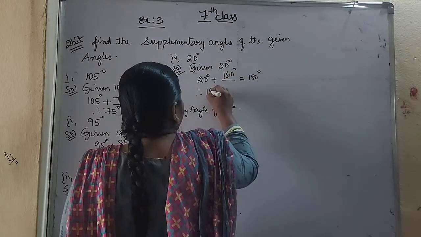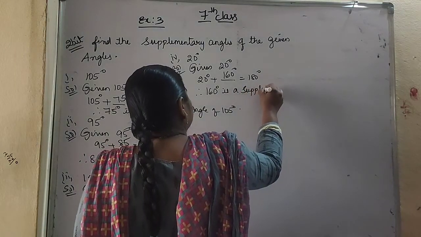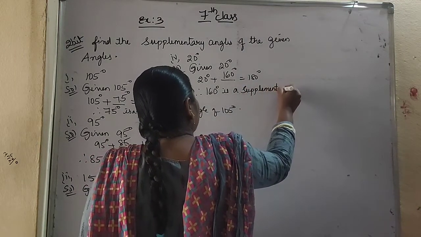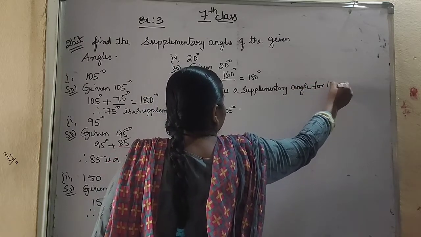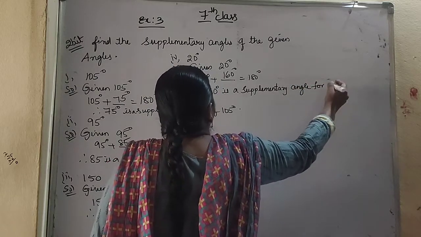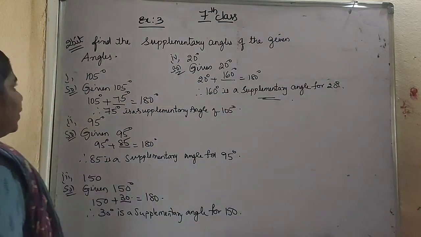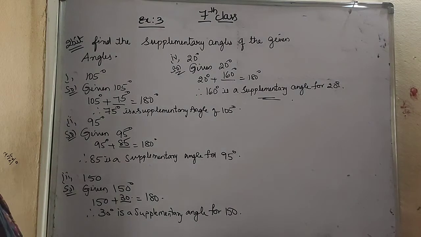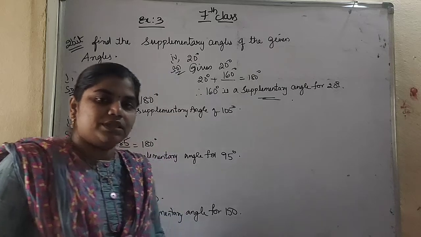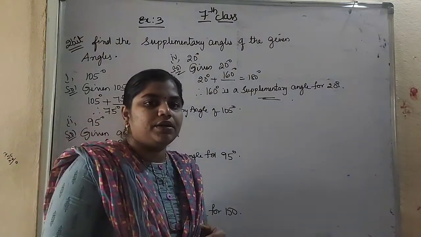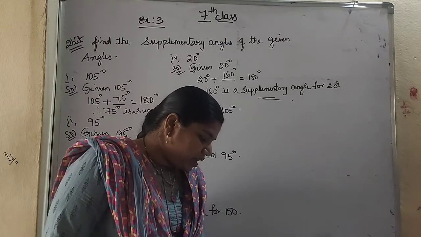Therefore 160 is a supplementary angle for 20 degrees. This is our second bit: find the supplementary angles for the given angles. In this way we will find the supplementary angles. What do you mean by supplementary? Supplementary means the sum of two angles should be equal to 180.